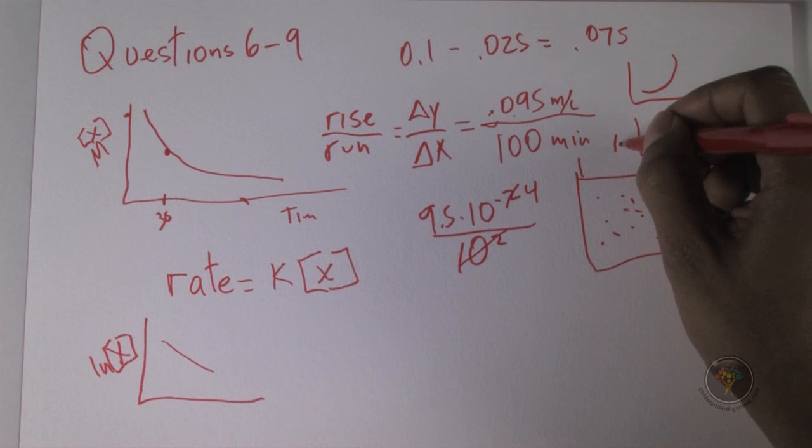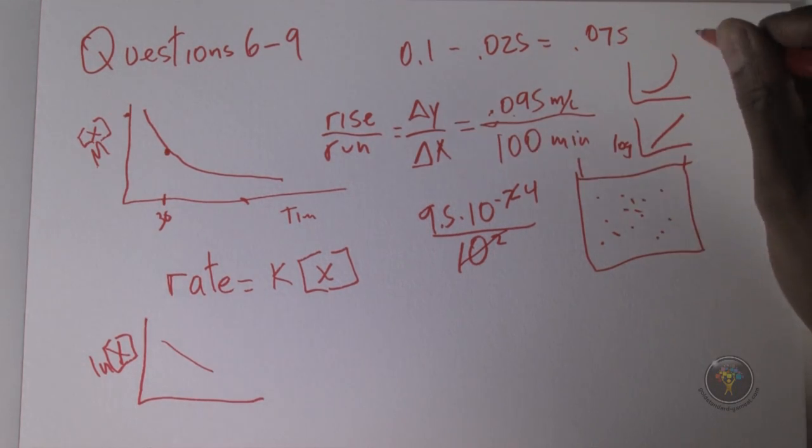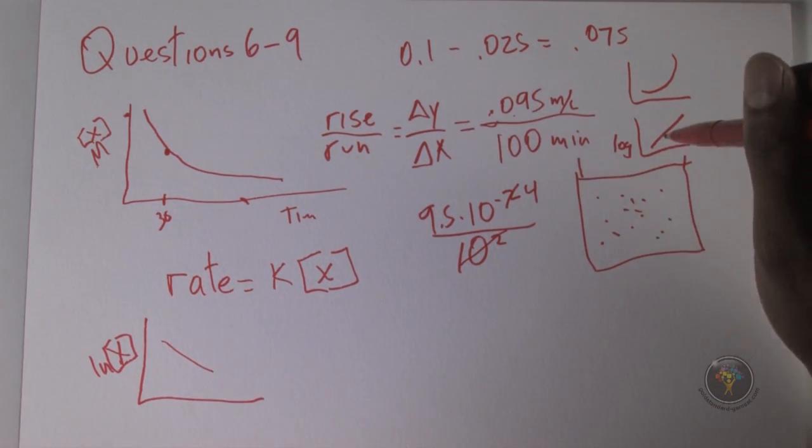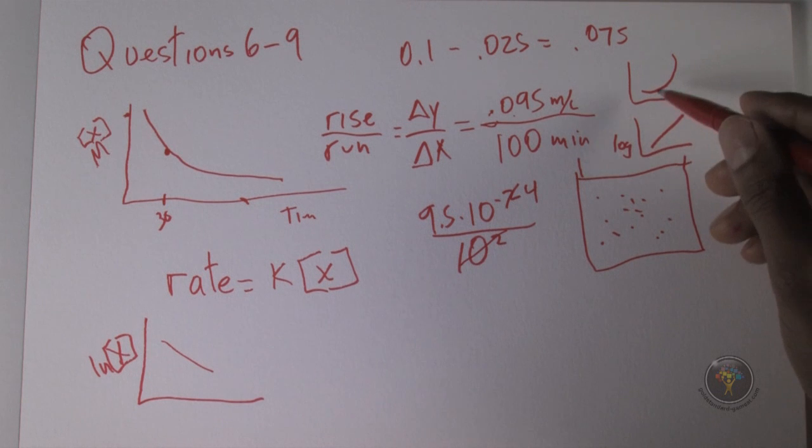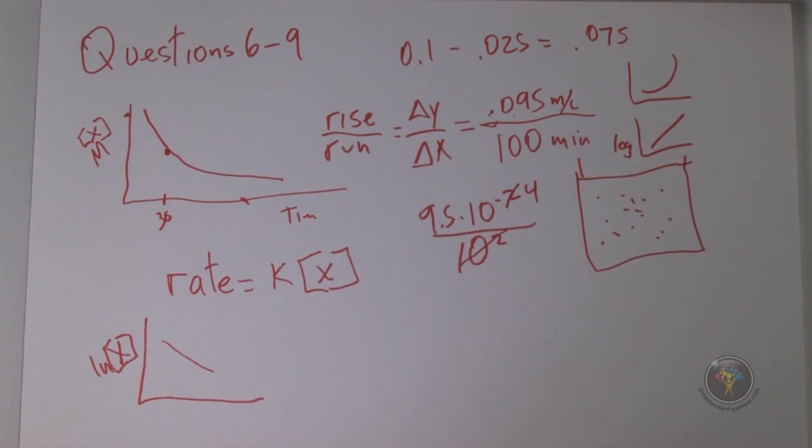This is what logarithms do. This is an exponential curve, and this is a logarithmic curve, where the speed of increase is controlled by the use of the logarithm. That's the purpose of it.